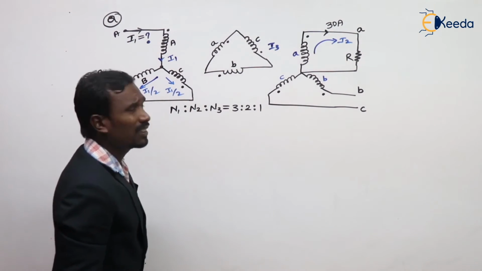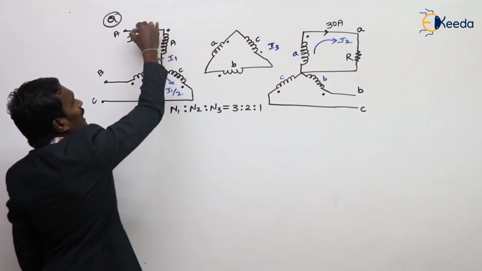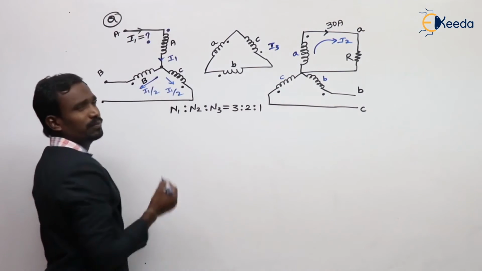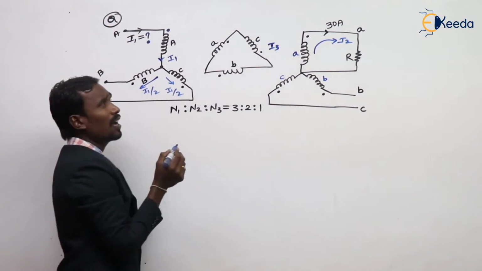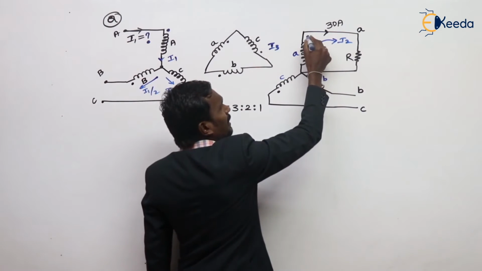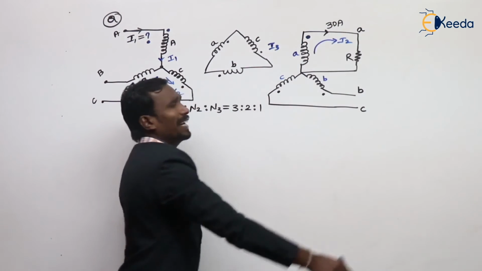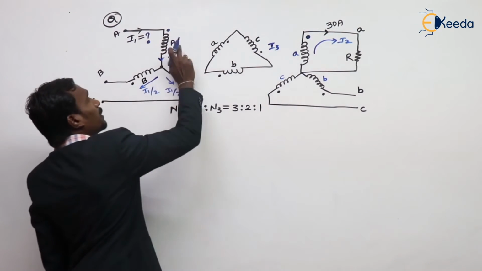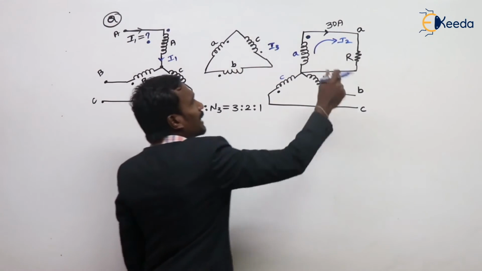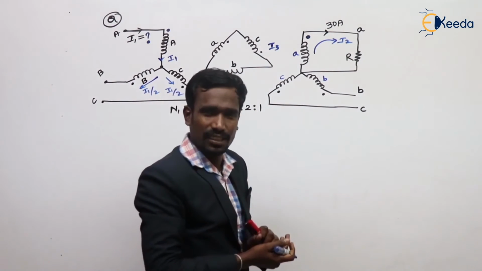See here, in phase A, at this dot notation, current enters into the winding. And at this dot notation in the secondary, current is leaving from the winding. That is the operation of a transformer: if current enters in the primary, in the secondary it should leave the winding. Then only it will be balanced.